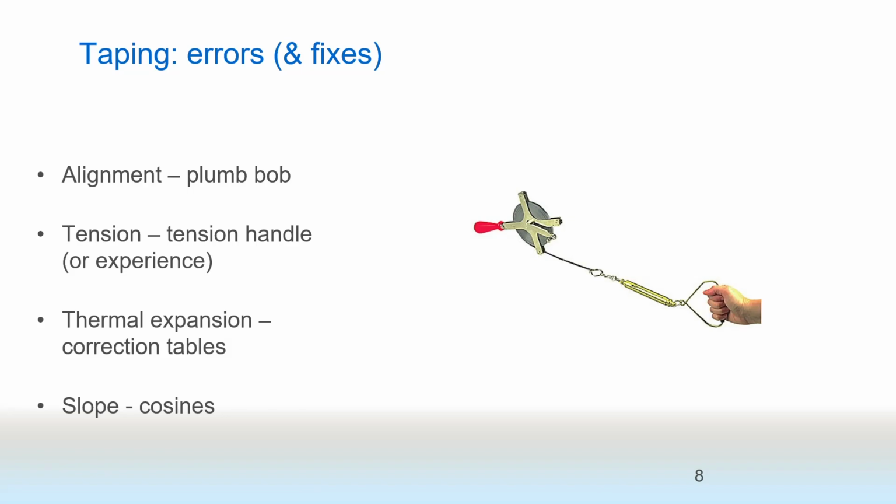We must align our tape and control tension, and this tension is different on different surfaces: on the grass, on the concrete, on the asphalt, etc. For thermal expansion of the tape or the chain, we can use correction tables, and while measuring the distance on a slope, we can use trigonometric formulas, cosine, sine, etc.